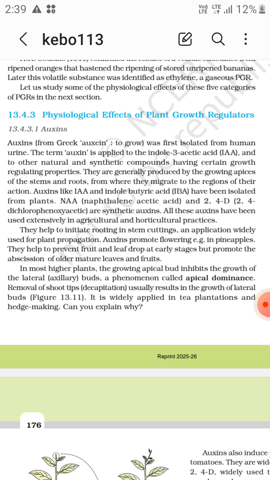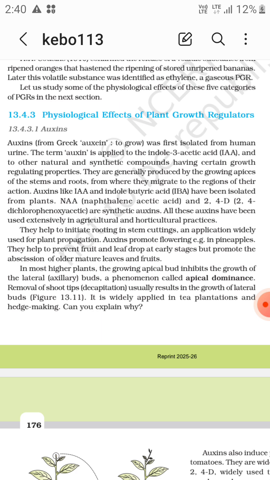Now, auxins like IAA, indole 3 acetic acid, and indole butyric acid, that is IBA, have been isolated from plants. NAA, naphthalene acetic acid, and 2,4-D, dichlorophenoxyacetic acid, are synthetic auxins.